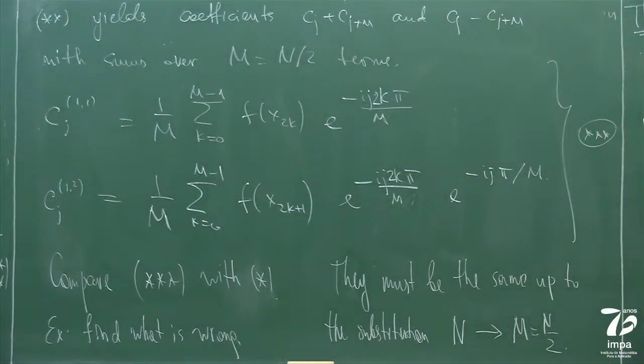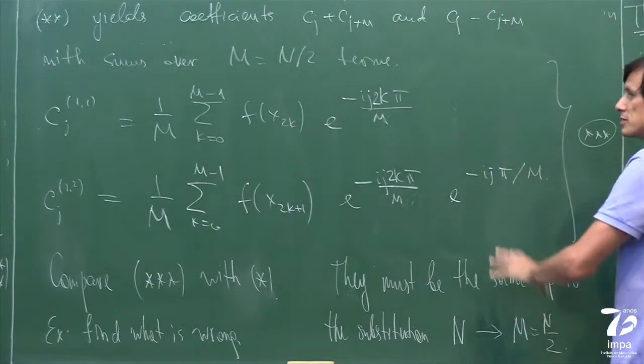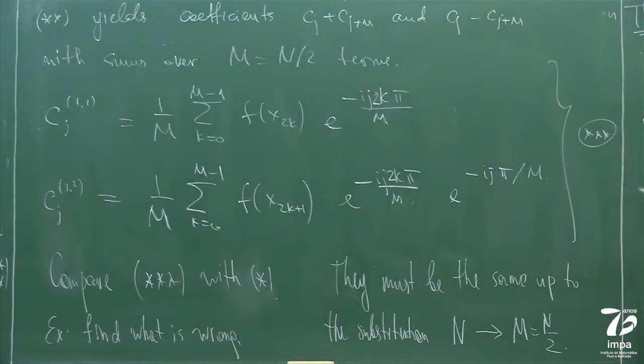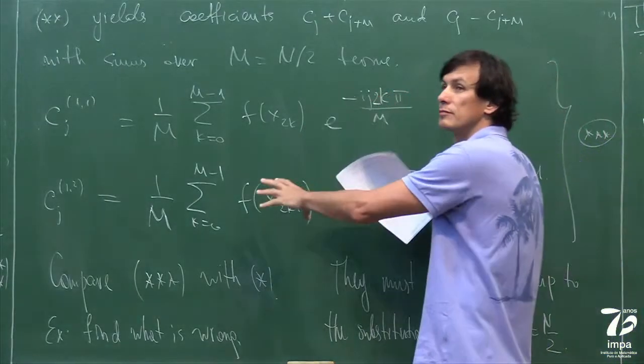So essentially the idea is that we should get the same system as before, but with twice shorter sums. So we can apply exactly the same procedure now to this system.